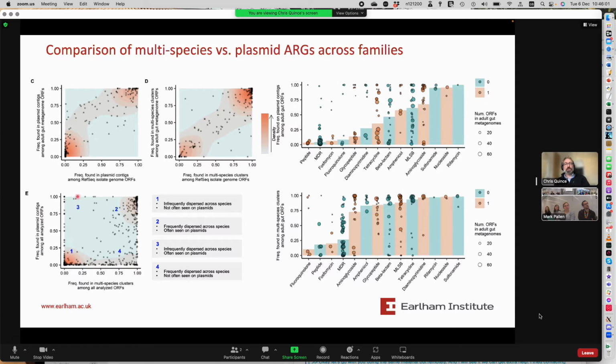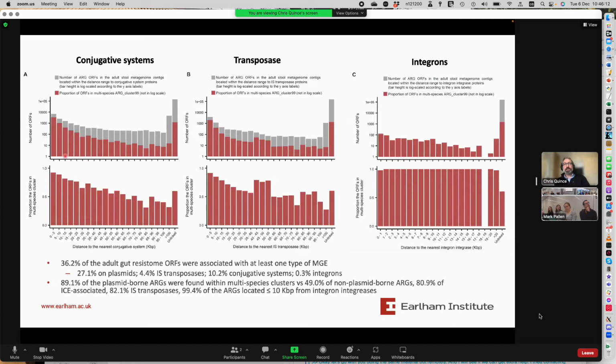But what we don't have a lot of are things that are on plasmids and not multi-species. So it basically means if you're on a plasmid, you're mobilized. And that was also true of those other mobile genetic elements. Here I'm showing, as a distance along the genome from, say, a conjugative system, the proportion of ORFs that were identified as mobile.